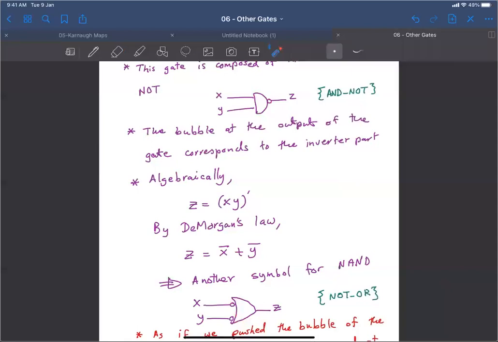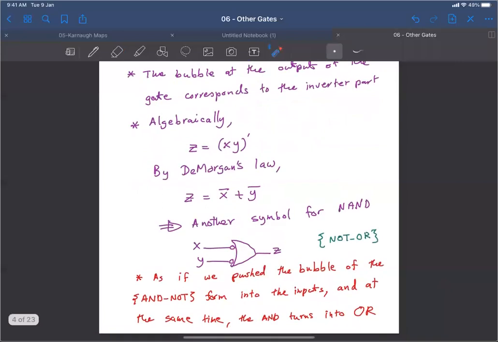Or you can think of it as pushing the bubbles in front, and then this will convert the OR back to AND. Just think of it like this, and you will visually link the 2 shapes together. All right.